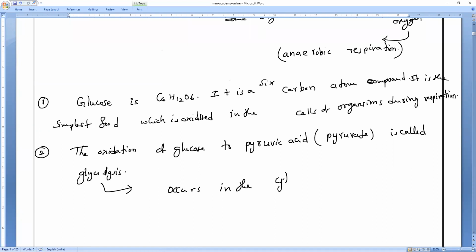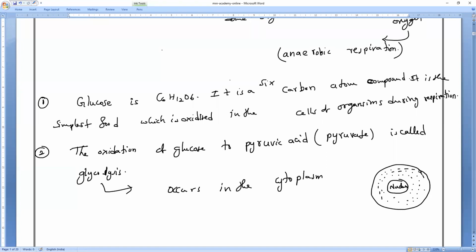This glycolysis occurs in the cytoplasm. You might have studied cell structure in class 9th. If you take any cell, plant cell or animal cell, we studied the difference between them. In the middle there is a vacuole, the nucleus is present, and surrounding the nucleus is the cytoplasm.